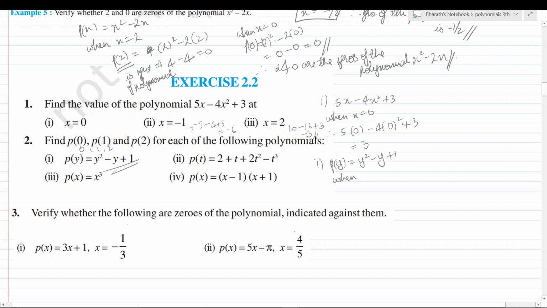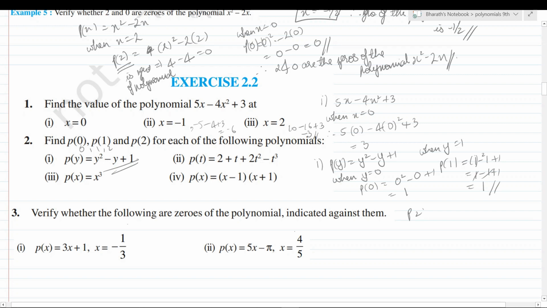When y is equal to 0, P of 0 is equal to 0 square minus 0 plus 1, which is 1, and when y is equal to 1, P of 1 is equal to 1 minus 1 plus 1, which is 1.